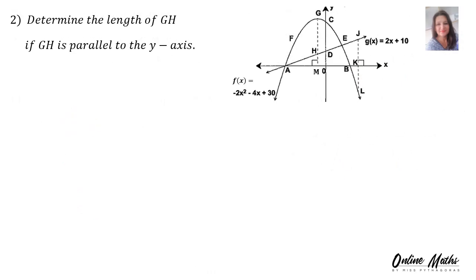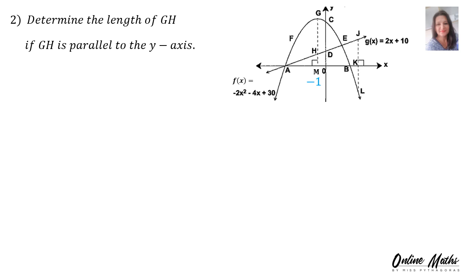Number 2. Determine the length of GH if GH is parallel to the y-axis. Now what is happening here is, from the previous slide, remember we calculated the x-coordinate of the turning point. That means we know the x-coordinate there at M is equal to -1. So what we are looking for is the length of GH.